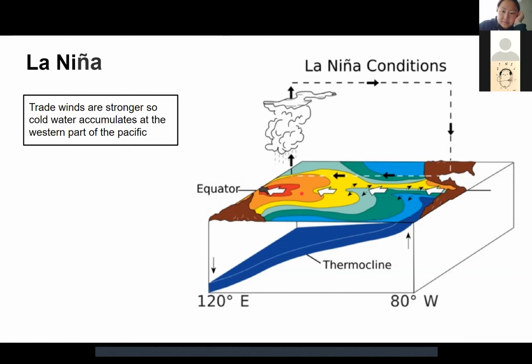So that means that there's a lot more upwelling on the South American coast because the trade winds are stronger, and there's a lot more precipitation on the Australian side. Um, and yeah, I think that's it. Yeah, that is it. Thanks, Caitlin. That was awesome.